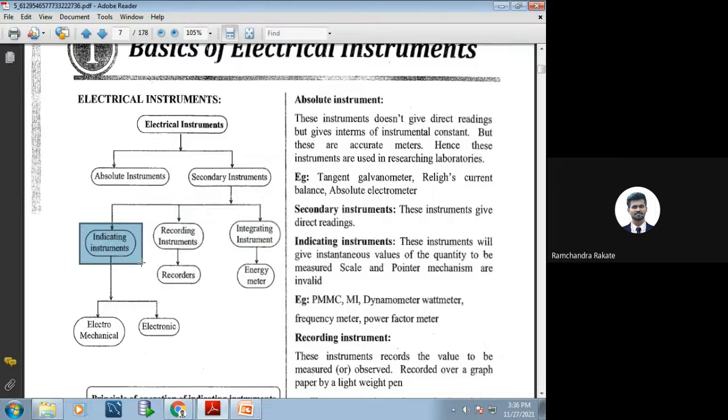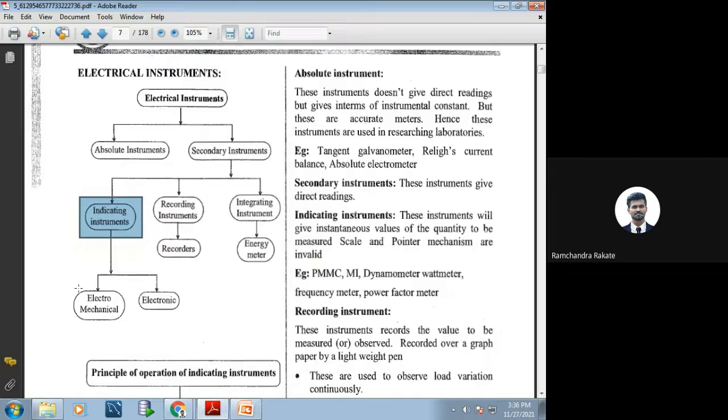What do you mean by an indicating instrument? Yes, any guess? What do you mean by an indicating instrument? These are examples: electromechanical and electronic. Yes, any guess?